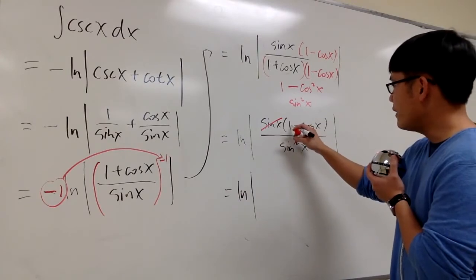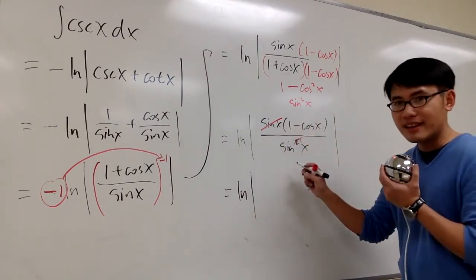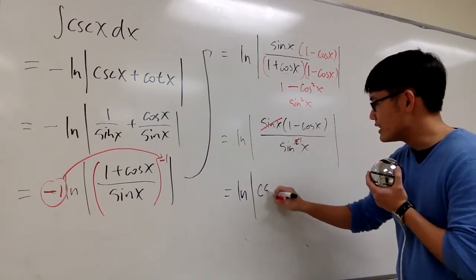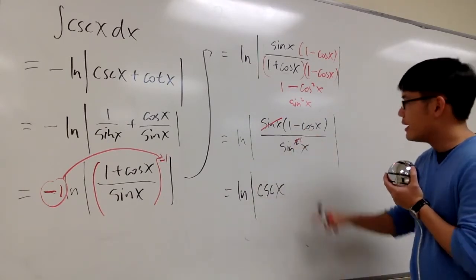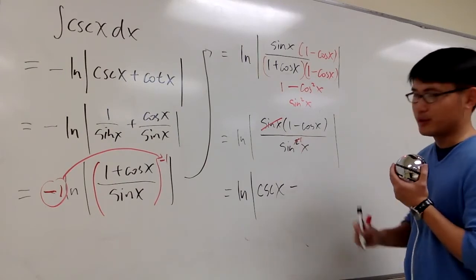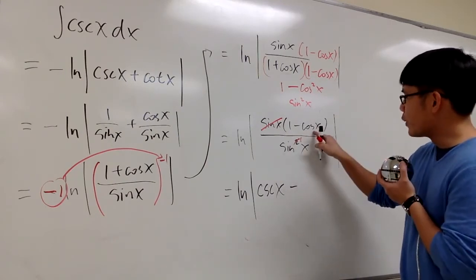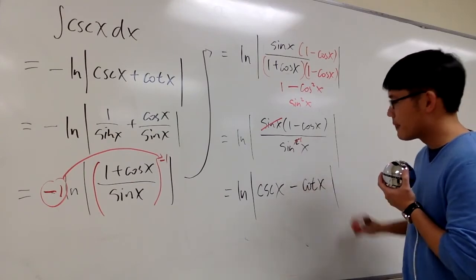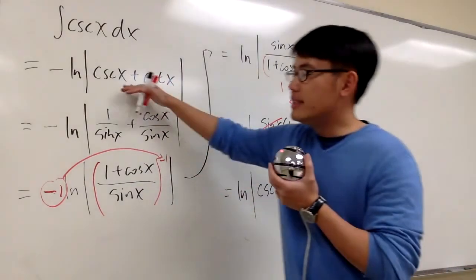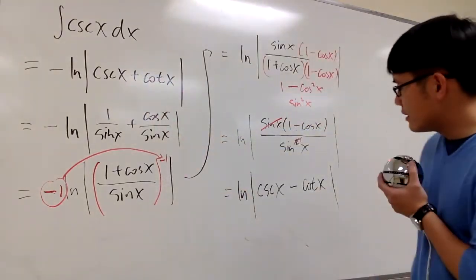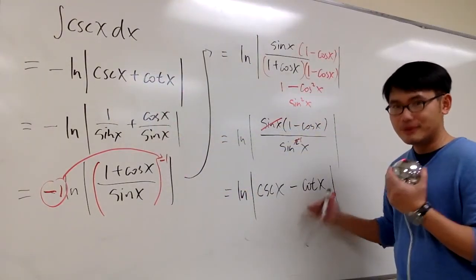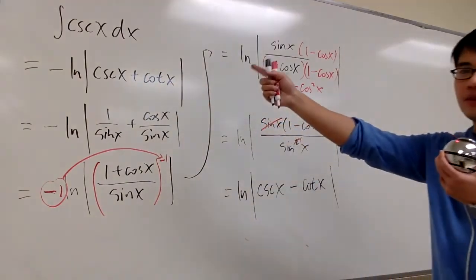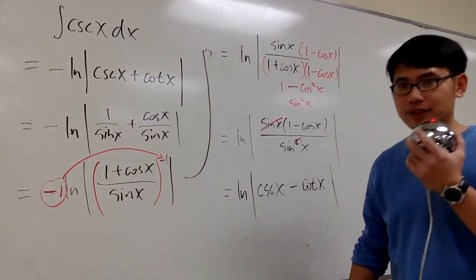We have 1 minus cosine over sine. 1 over sine is what? 1 over sine is cosecant x. Minus, you see this is the minus. Oh, so exciting, right? Minus, and then cosine x over sine x is what? Cotangent x. So as you can see, this expression right here, it's the same as that. Okay? So we are good either one for the antiderivative of cosecant. Anyways, get ready for the next one.